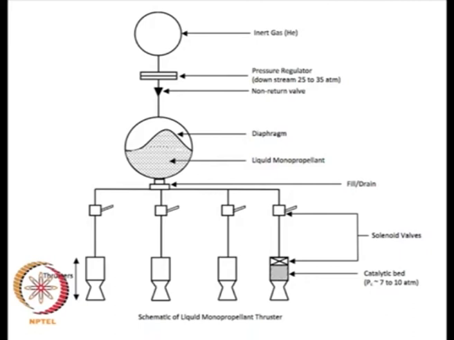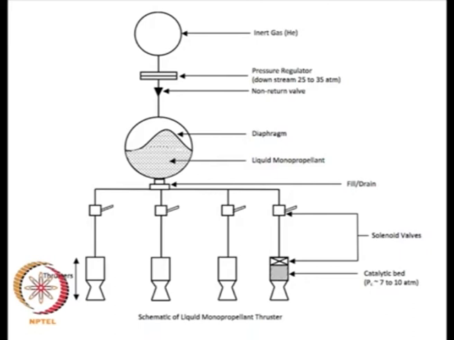Now there are solenoid valves attached here. Solenoid valves are typically off, and if you give them a particular voltage and current, they turn on, so they can be remotely operated, and it then feeds into what is seen here as a thruster.